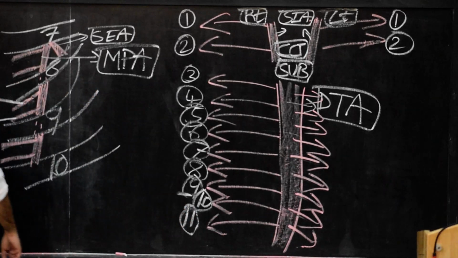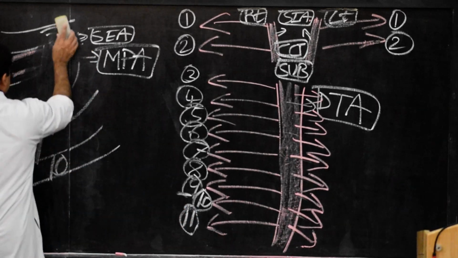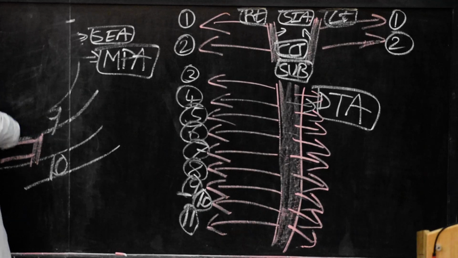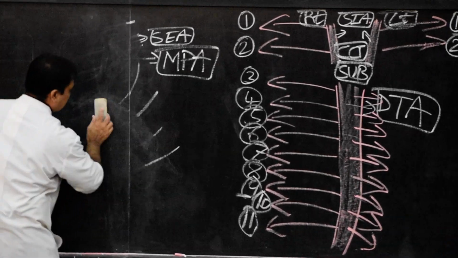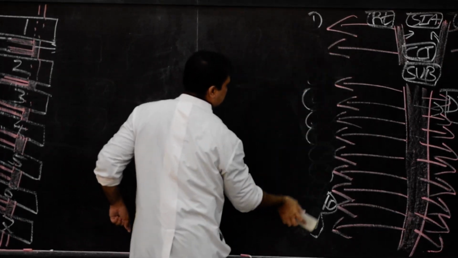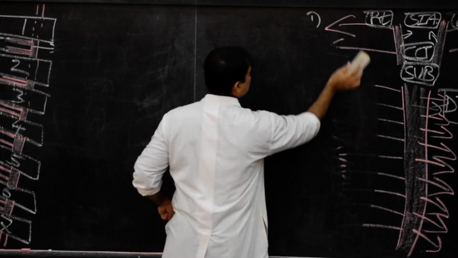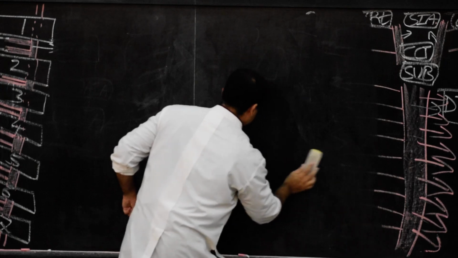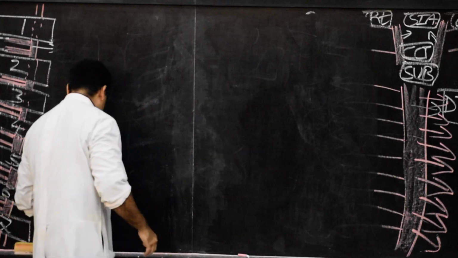So therefore, now coming on the middle side here, and if I just create some space over here, we shall draw the cross section of the thorax, in which we are going to show the entire course of posterior and anterior intercostal arteries.